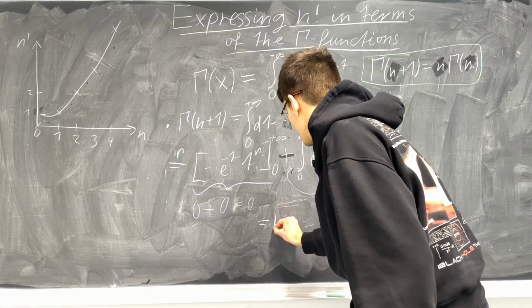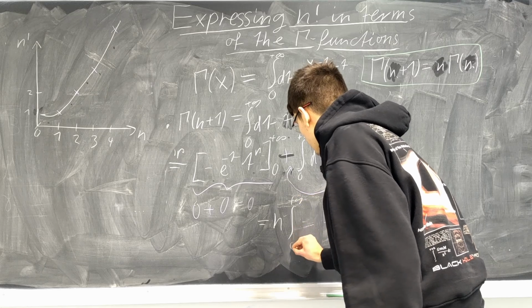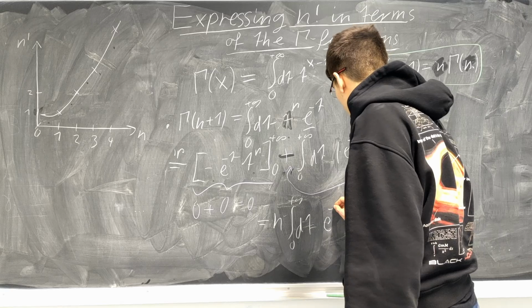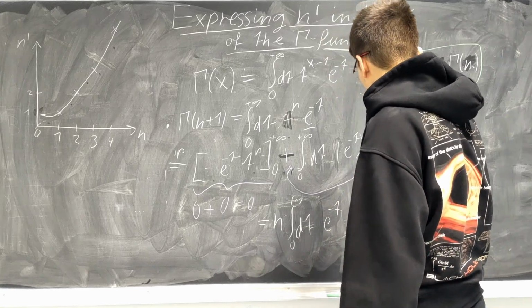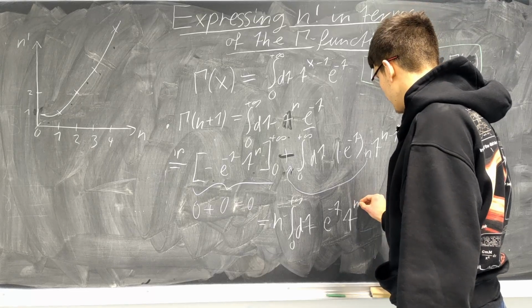We have n times the integral from 0 to plus infinity dt, e to the minus t and t to the power of n minus 1.